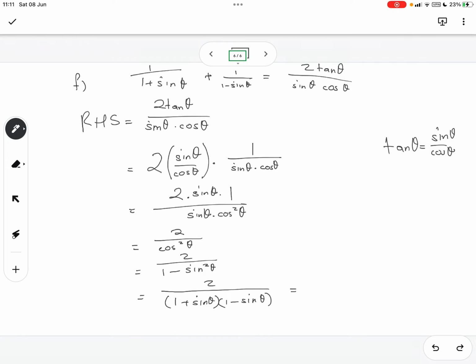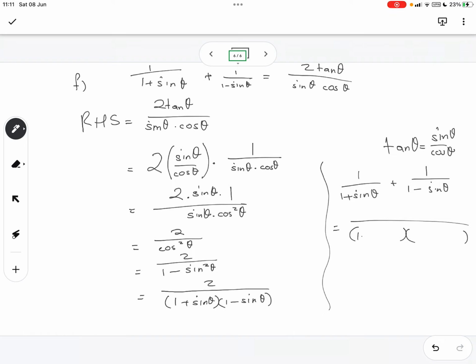And if we have a common denominator, this can simply be 1 over, no, wait, I'm wrong. Oh, okay. Let's try that one. I want to see something.